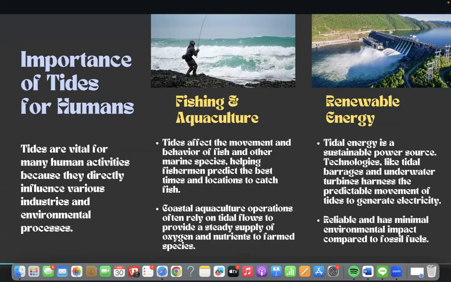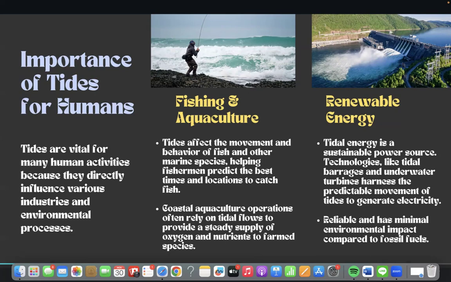For example, in fishing and aquaculture, tides affect the movement and behavior of fish and other marine species, helping fishermen predict the best time and location to catch each type of fish. Coastal aquaculture operations also often rely on tidal flows to provide a steady supply of oxygen and nutrients to farmed species.